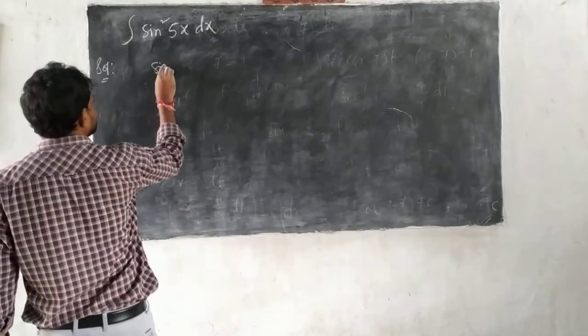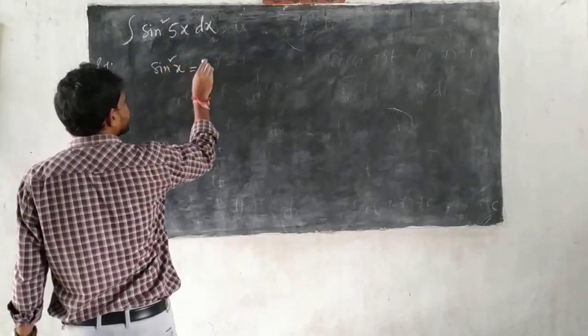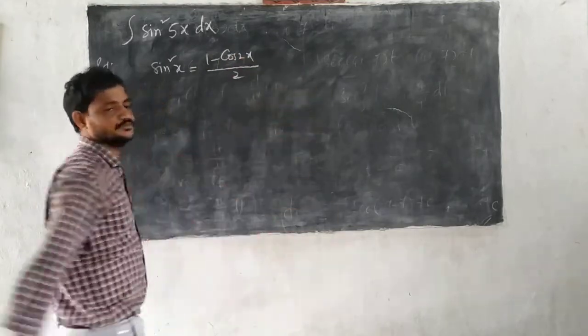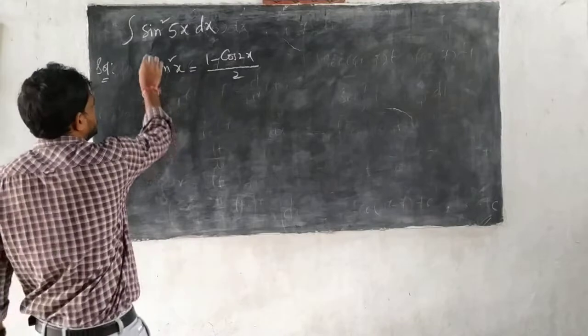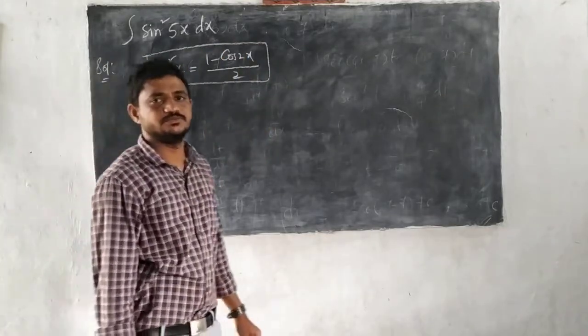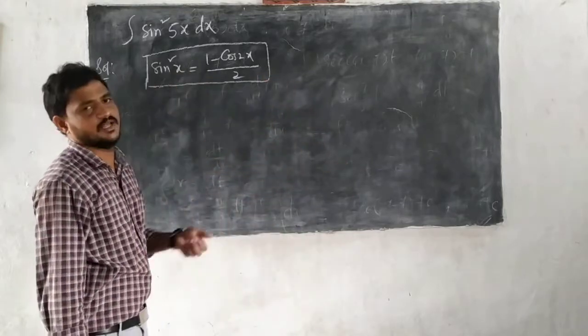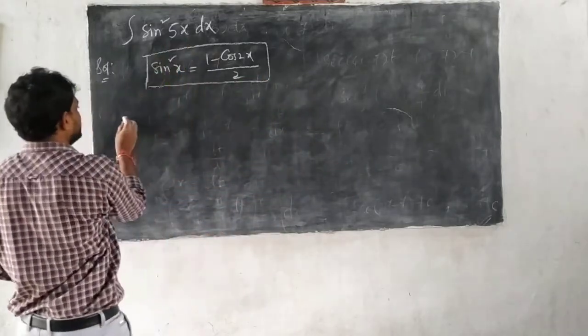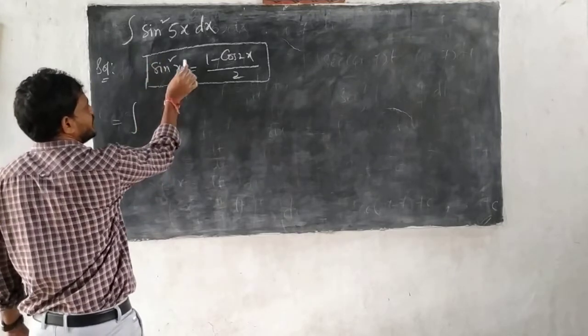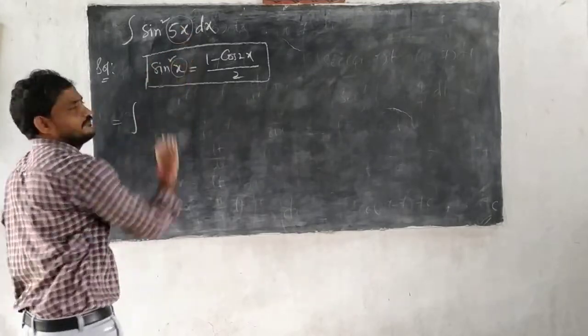What is the formula for sin square x? 1 minus cos 2x by 2, right? Use this formula here. So you will get integration of sin square x. Here in place of x we have 5x.